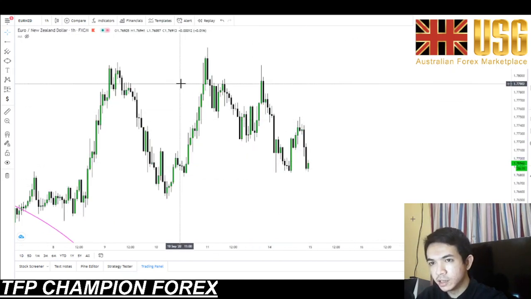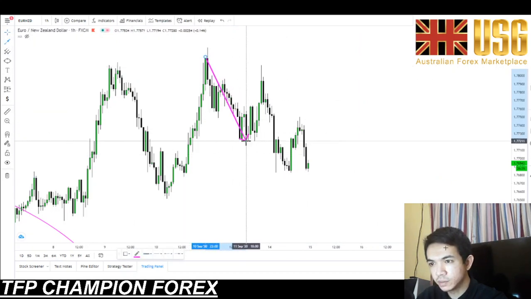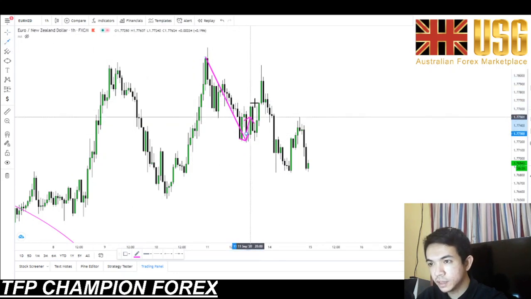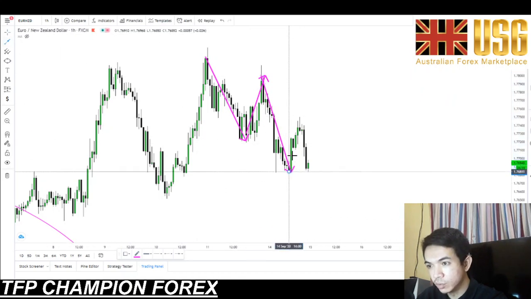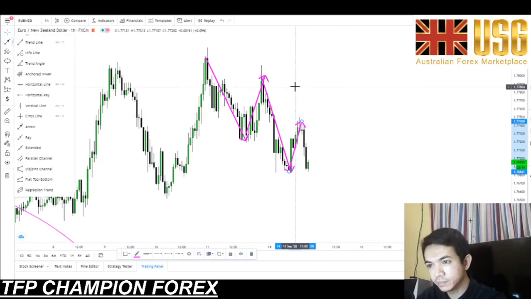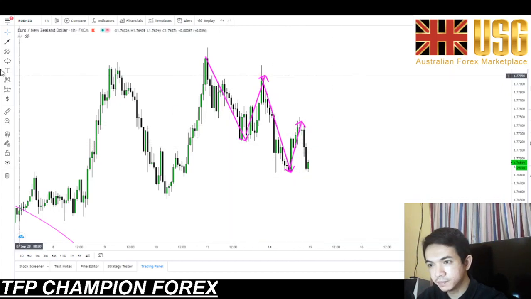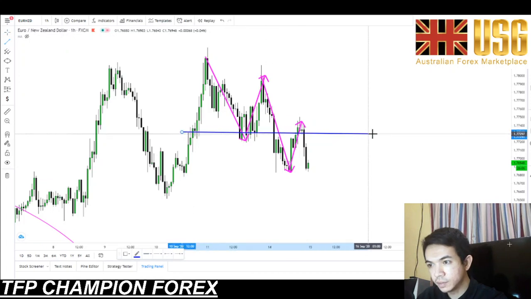Considering the market structure, we know that the price formed a low, a lower high, and then another lower low, and then a lower high, which means that I am, market structure wise, below this resistance level.